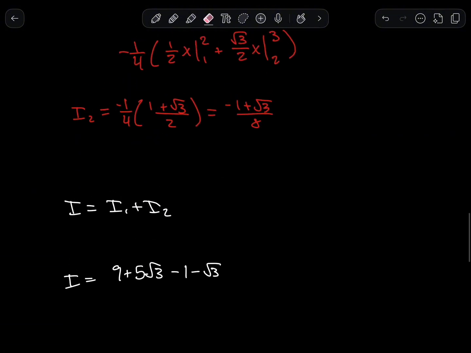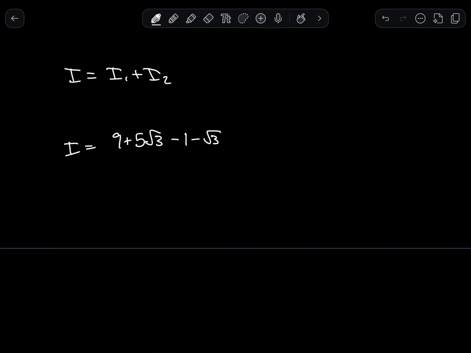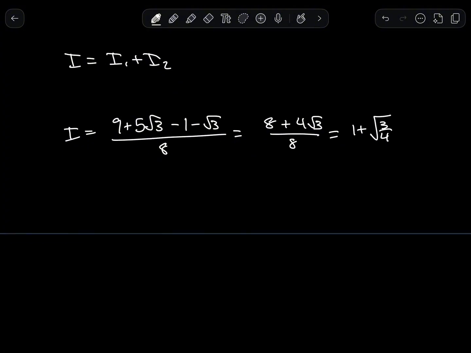Sorry, I just realized this would be the negative of the fraction. So we'd have a negative sign over here, which you distribute, and then you get over 8, which is just equal to 8 plus 4 root 3 over 8, which is just equal to 1 plus square root of 3 over 4. Or you could rewrite that as square root of 3 over 2.